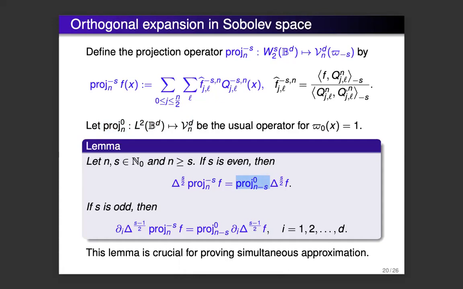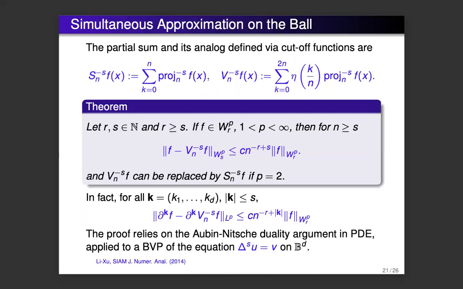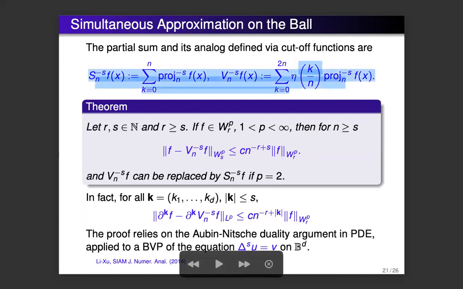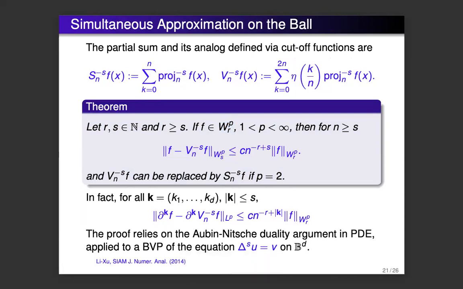So this allows us to do the following. You take the partial sum of my Sobolev orthogonal projection. Then I take a sampling, just like in the one-dimensional case. Now, if f is in Sobolev W^r_p, then this holds. That means we recover everything we said before of what we need.